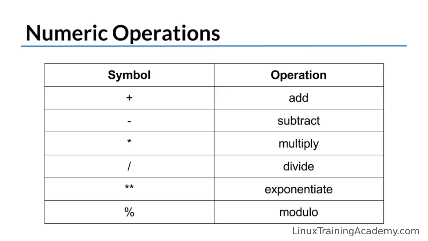The percent sign performs the modulo operation, which returns the remainder of division of one number by another. For example, 3 modulo 2 is 1 because 3 divided by 2 is 1 with a remainder of 1. 4 modulo 2 results in 0 since 4 divided by 2 is 2 with a remainder of 0.